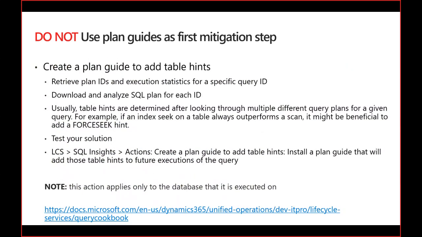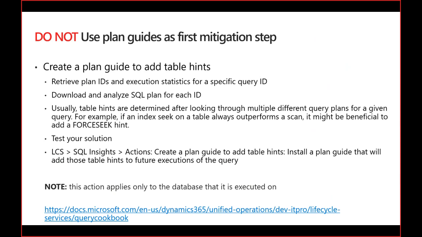The last option you have in LCS for creating a plan guide is, for example, when you want to add specific table hints. It could be a similar exercise, and in the end you determine that maybe you do not want to force a specific plan. But for example, you see that for one of the tables you're querying, it's always doing a scan when your analysis and testing show a seek would be better.